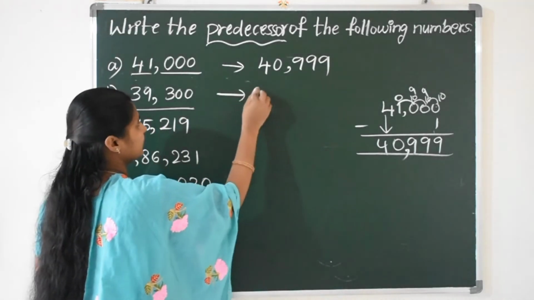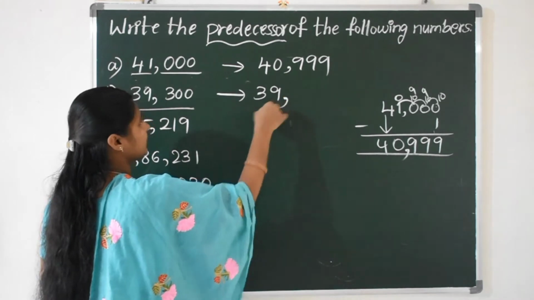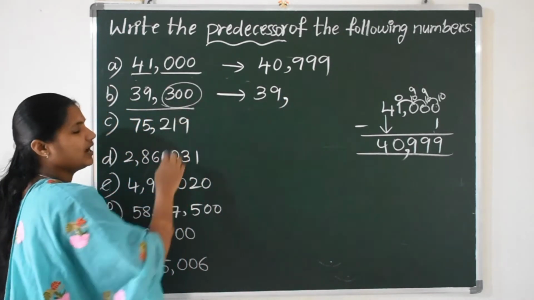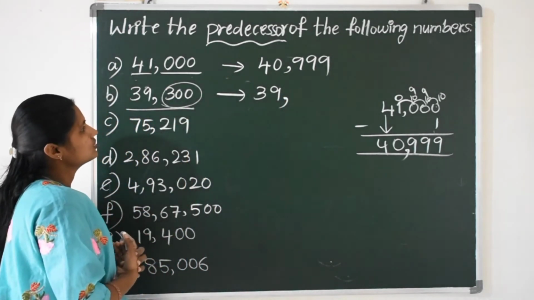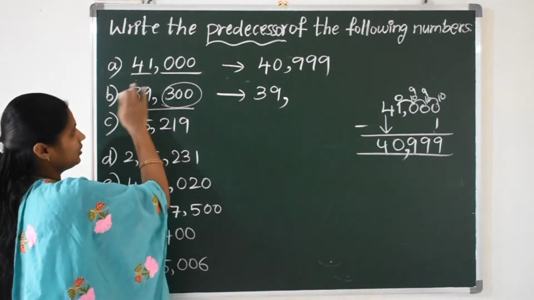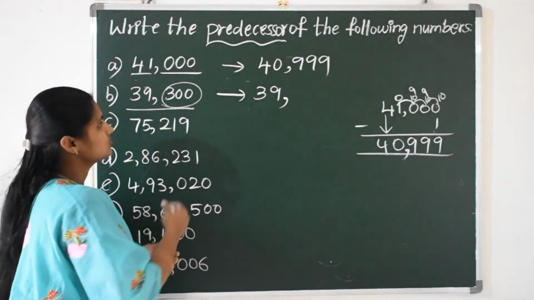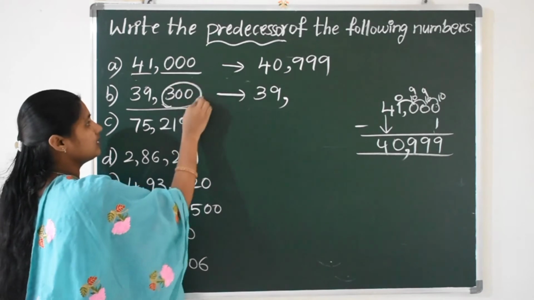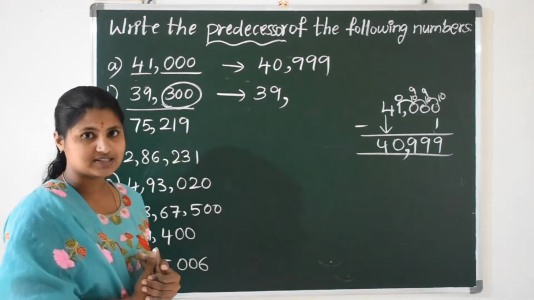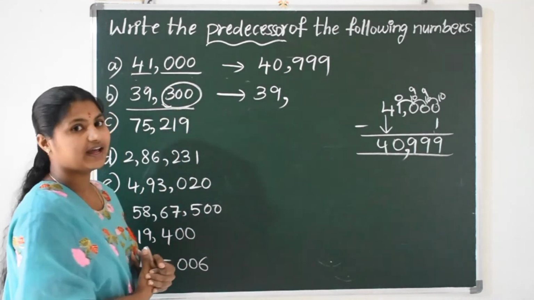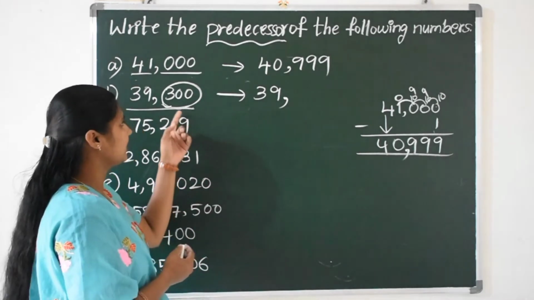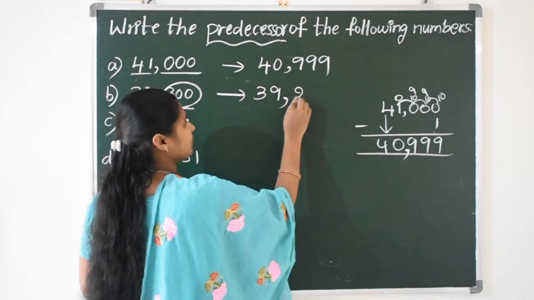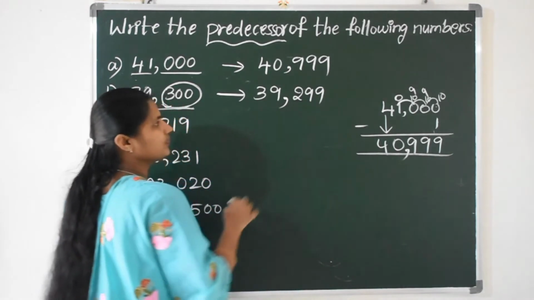Next, predecessor of 39,300. So subtract 1 from the total given number. Okay. So after which number 300 comes while writing numbers? Tell me. Yes, 299 comes before 300. So here we can write 299.